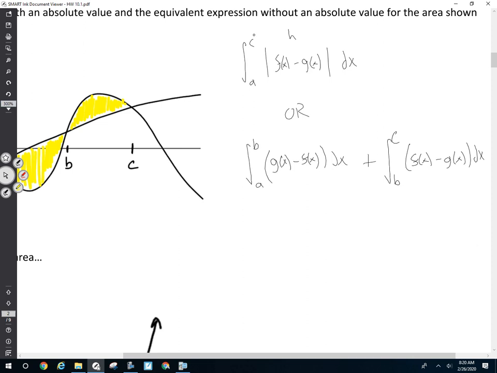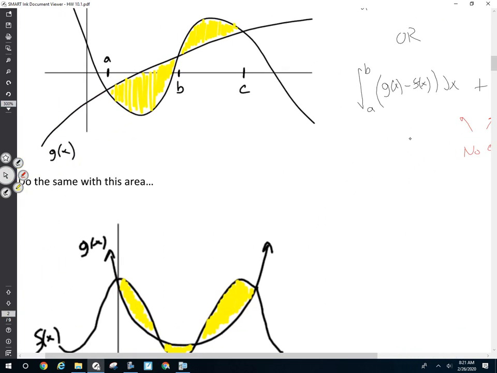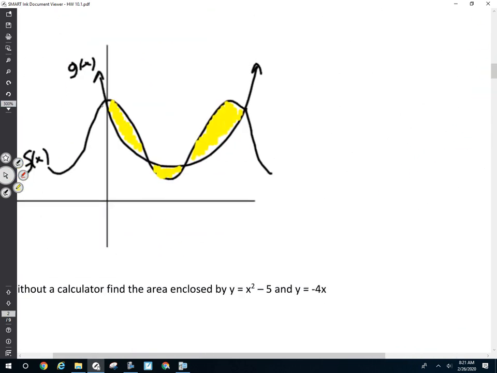This way you can do with a calculator no matter what. If you're given a question and you had a calculator, man, just use this for any situation. If you didn't have a calculator, you're forced to split it up. If we intersect in more than one location, now I didn't give you any boundaries, so let's just throw some values in here, like A, B, C. That's my bad.